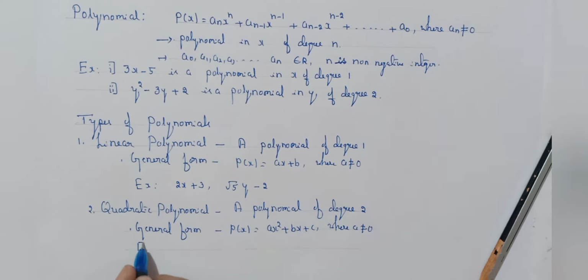Example, 2x squared plus 5x minus 1 is a quadratic polynomial in variable x, and p squared minus 3p plus 5 is a quadratic polynomial in variable p.